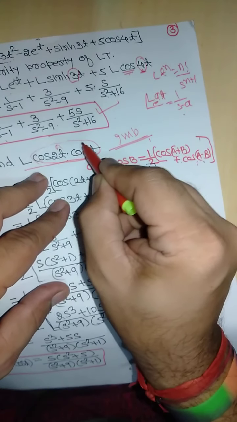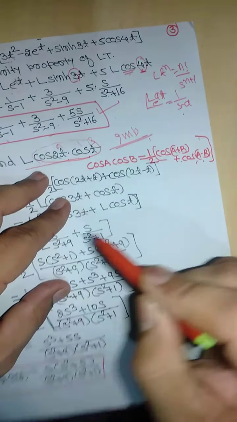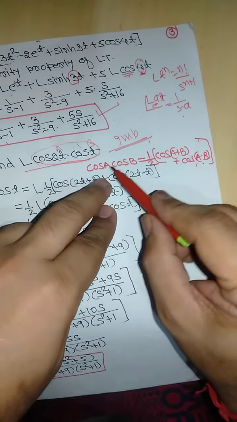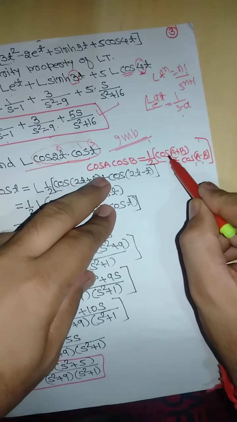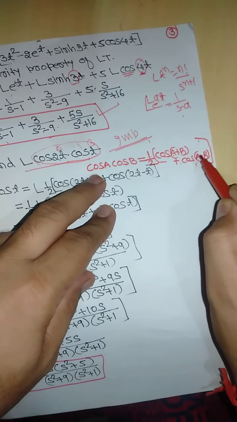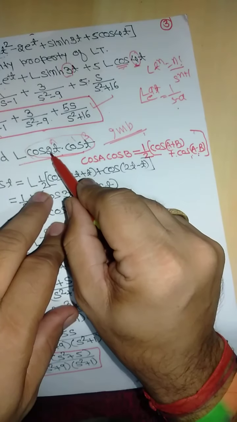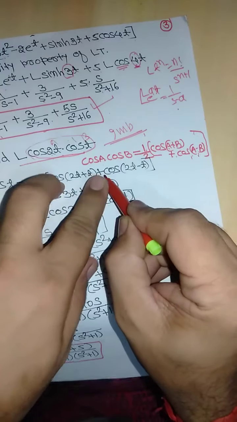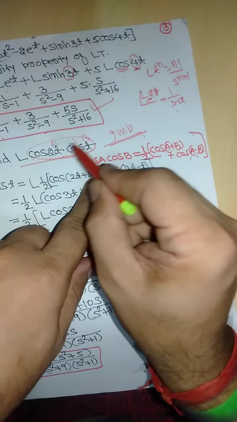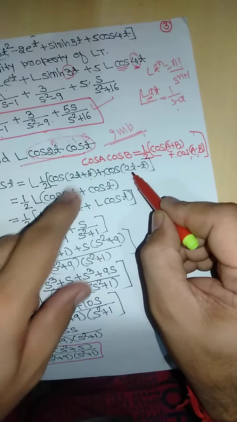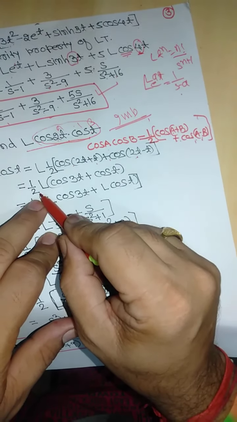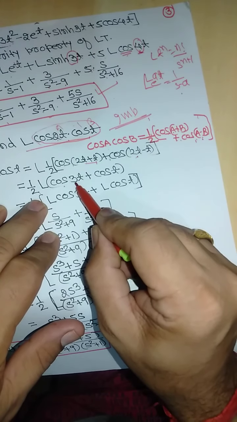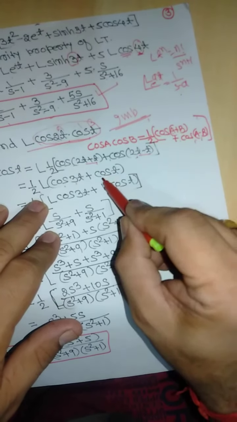Suppose the value of a is 2t and the value of b is t. So cos a into cos b equals 1 by 2 cos of a plus b plus cos of a minus b. Applying that, 1 by 2 cos of 2t plus t plus cos of 2t minus t. This is the expansion. So 2t plus t is 3t, cos 3t, and 2t minus t means cos t.